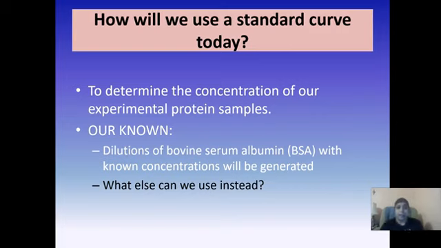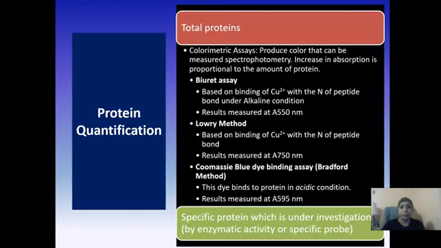We can utilize it. If you don't have any one of those, you could still even go to GNC and get pure whey protein. As long as it doesn't have any additives, you can utilize it to create your standard curve.